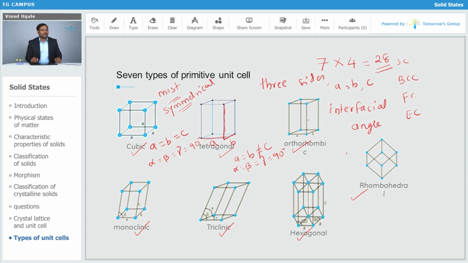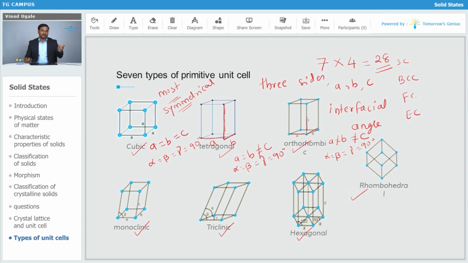Now in case of orthorhombic, we can see that all three sides are unequal. So A is not equal to B, is not equal to C, but the angles, we can see over here, all are 90 degree. So in these first three crystal systems, the most symmetrical one is the cubic system.